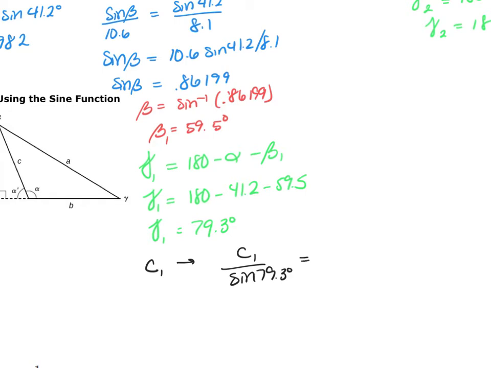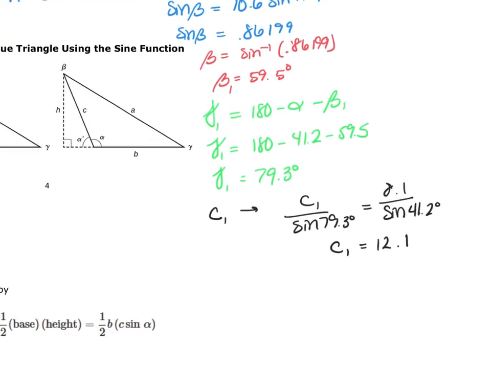I'm going to go back to my given values, which are A and alpha, and that's going to help prevent any rounding issues. So 8.1 and the sine of 41.2 degrees. So my C sub 1 is equal to 12.1. Do I have units on this? Miles.